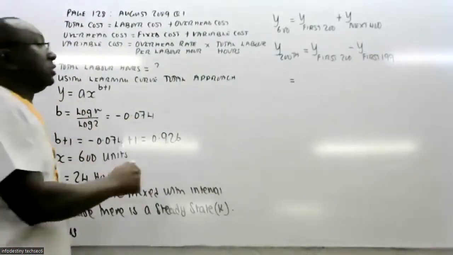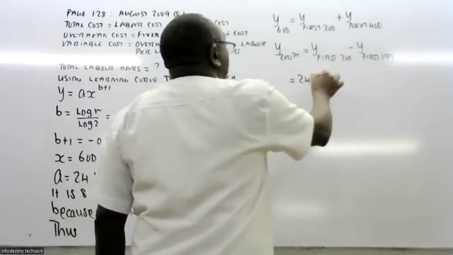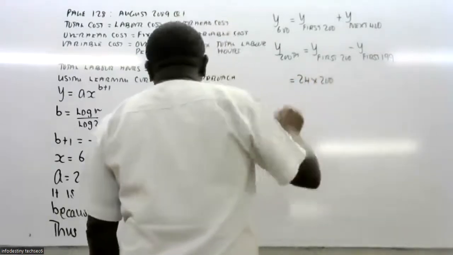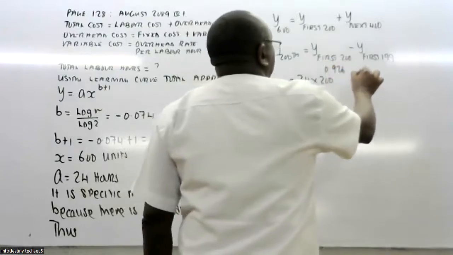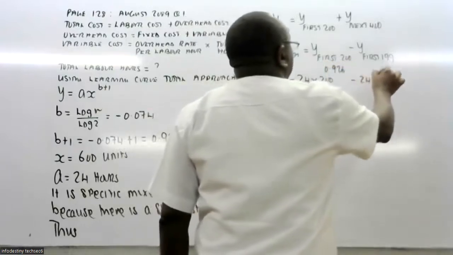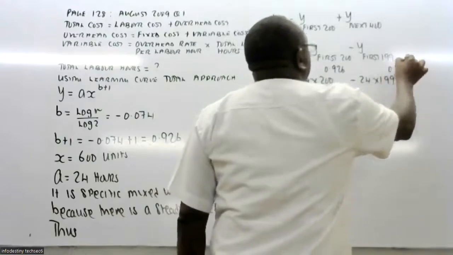So we now substitute: 24 times 200 raised to power 0.926, then minus 24 multiplied by 199 raised to power 0.926.